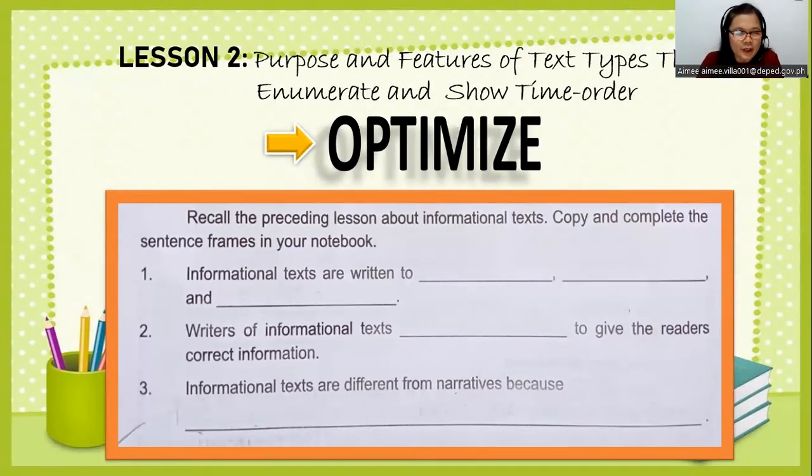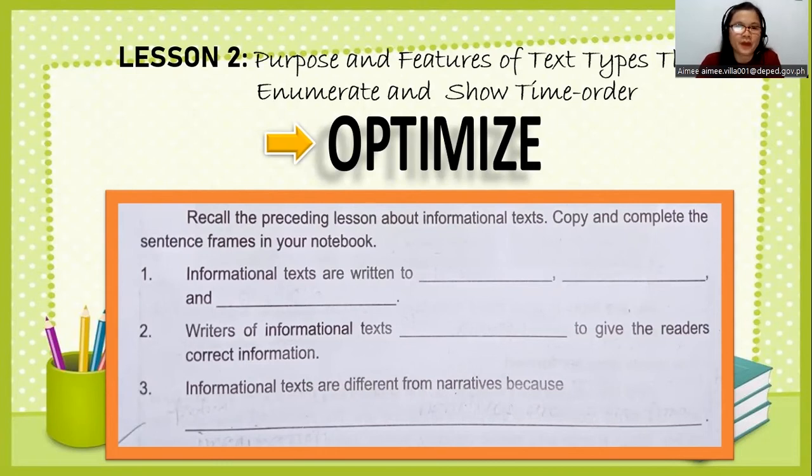Let's just answer this orally. We're going to complete the sentences orally. For number 1, informational texts are written to what? Okay, very good. To inform, to persuade, and to explain.